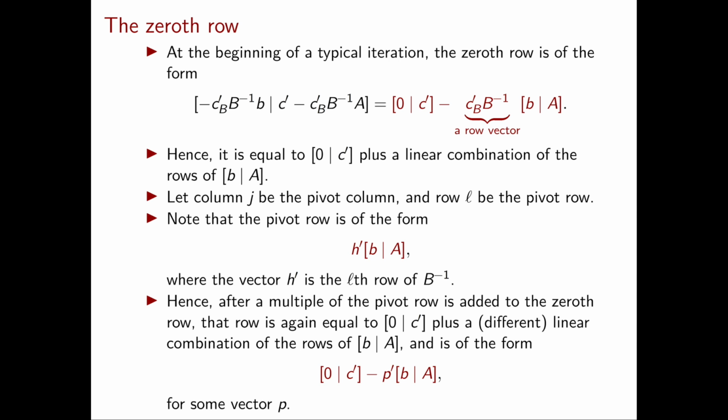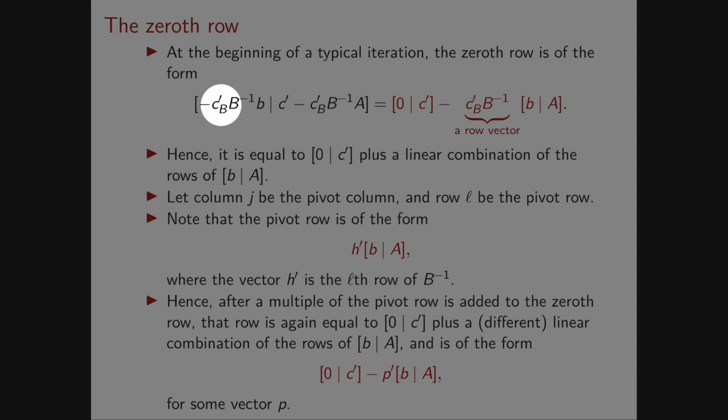of different steps. Let's start by looking at the 0th row at the beginning of our typical iteration. The entry in the 0th column is the negative of the current cost, which is minus CB transpose B inverse b. The remaining components are the reduced costs, which are C transpose minus CB transpose B inverse A. So this is my row vector representing the 0th row.